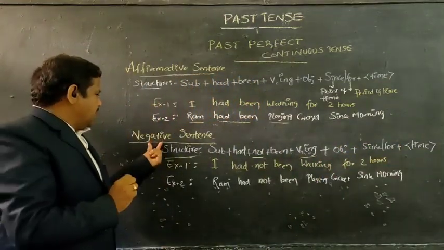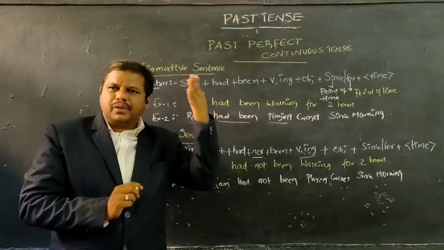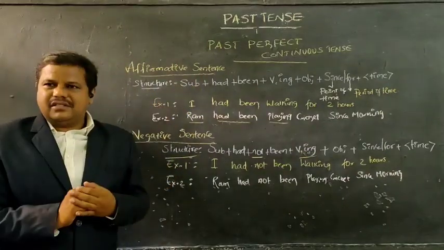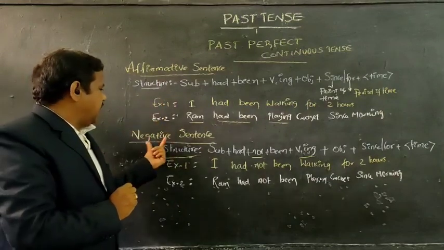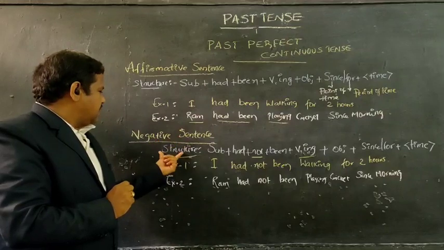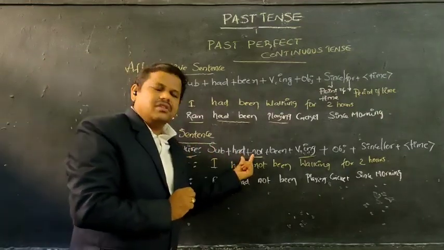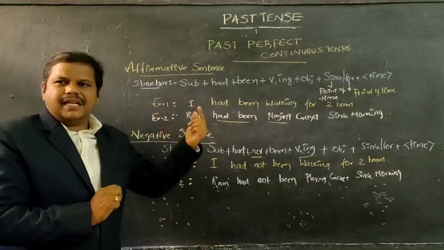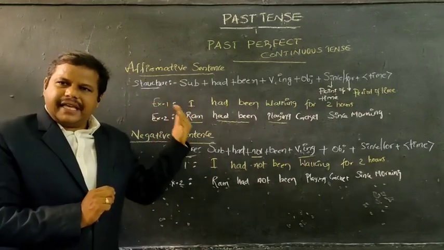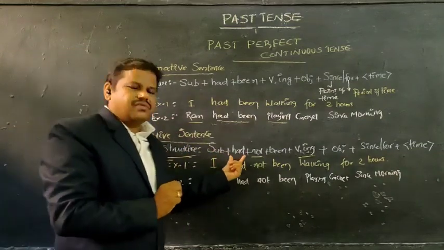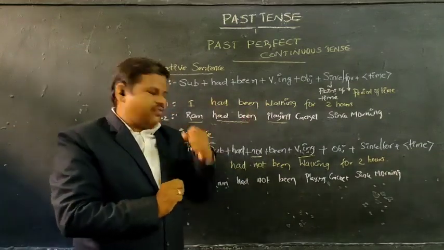The only difference from the last classes on present tense is that this is past perfect continuous tense. Every tense I am teaching with a negative form. In every tense, when you are writing the negative form, we should use the helping verb plus not, here had not.